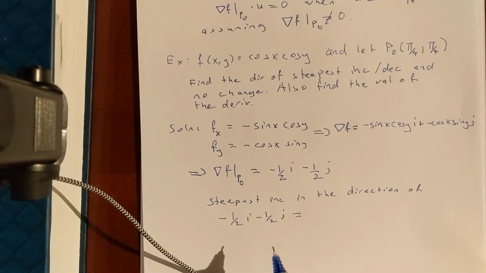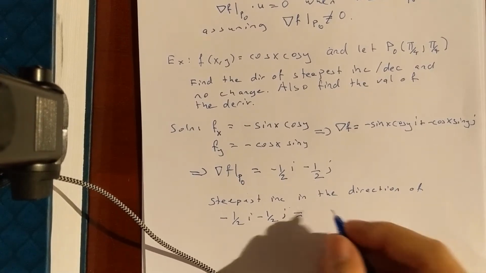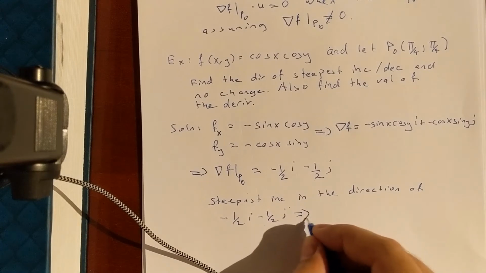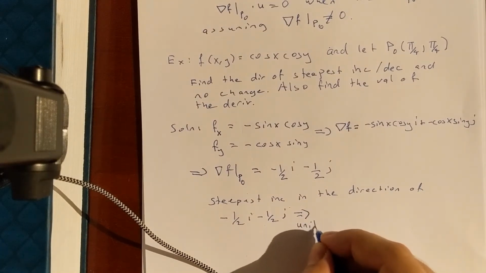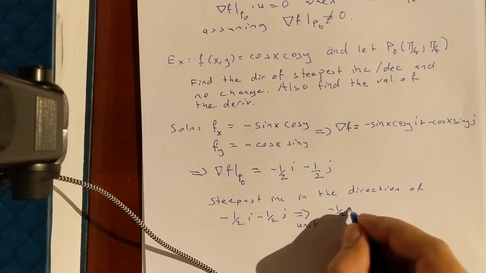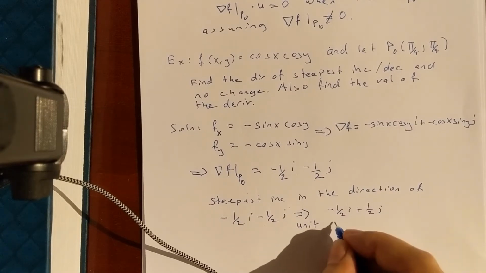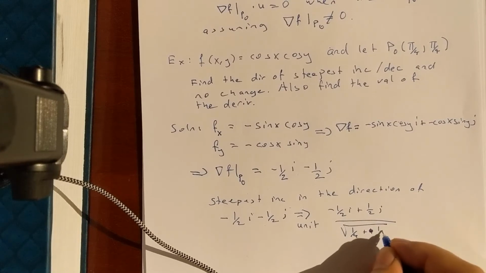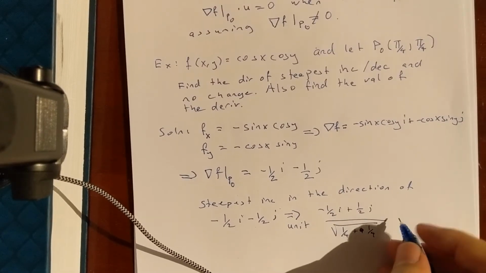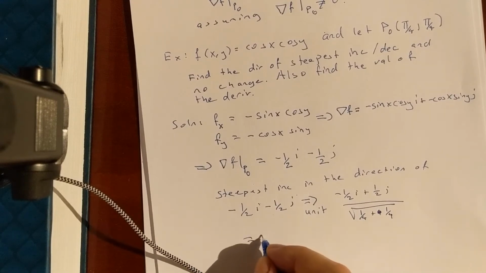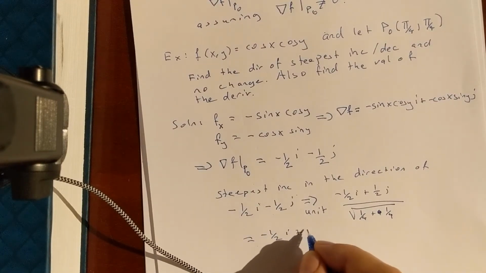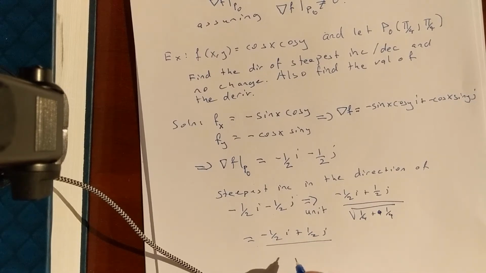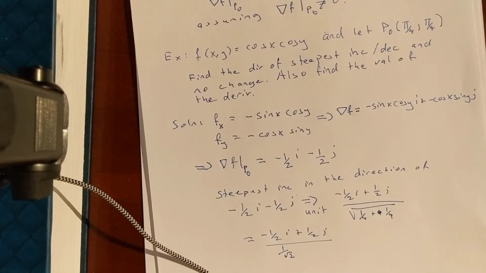So we have to turn it into a unit vector. We have minus 1 over 2 i minus 1 over 2 j, over the square root of the squares: 1 over 4 plus 1 over 4, so basically we have 1/2. So we get minus 1/2 i minus 1/2 j. And on the bottom, this is going to be 1 over 2, so it's squared again. It's just 1 over square root 2.